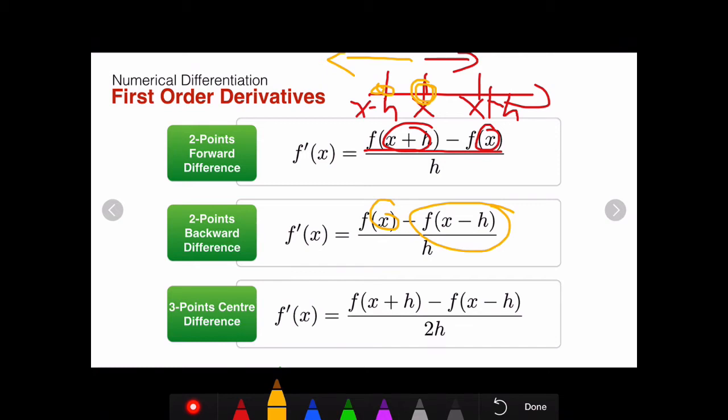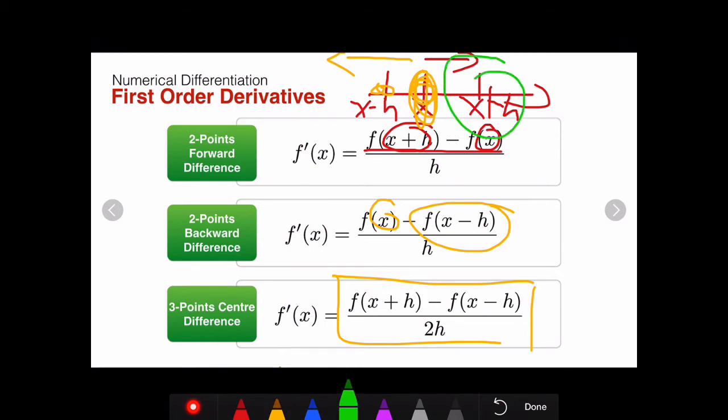The same goes for this one, where we take x as the reference. We take x plus h minus x minus h. Here f(x) is the center, this is x minus h, and this is x plus h. This is the ideology about the points and the naming of the formulas.